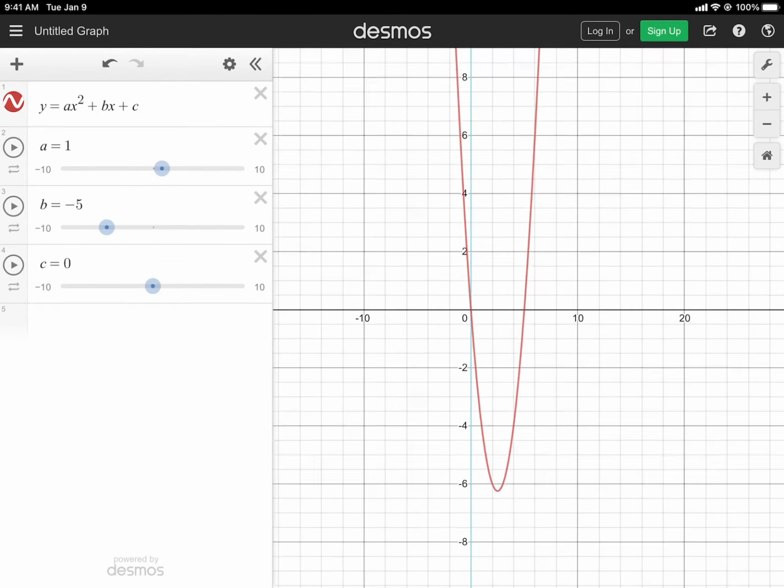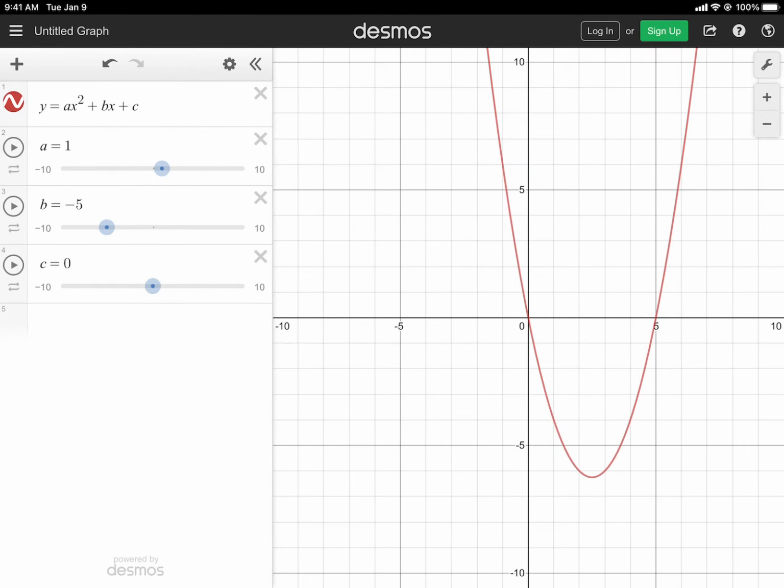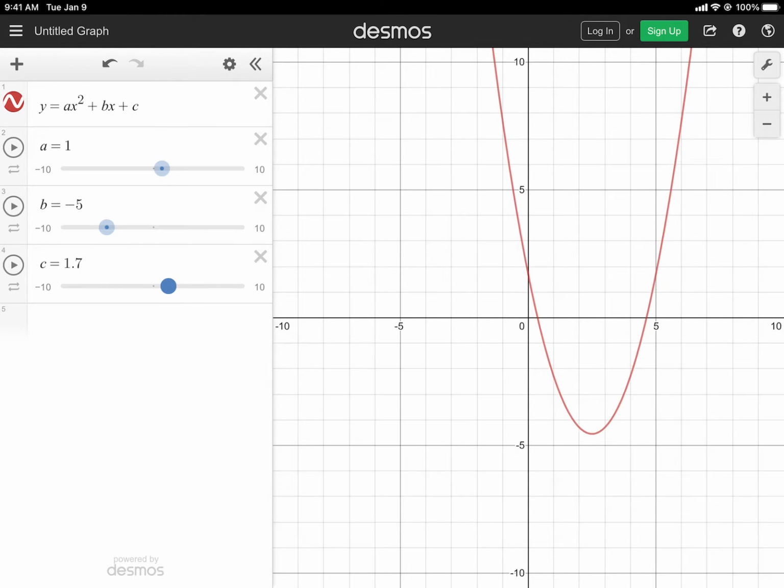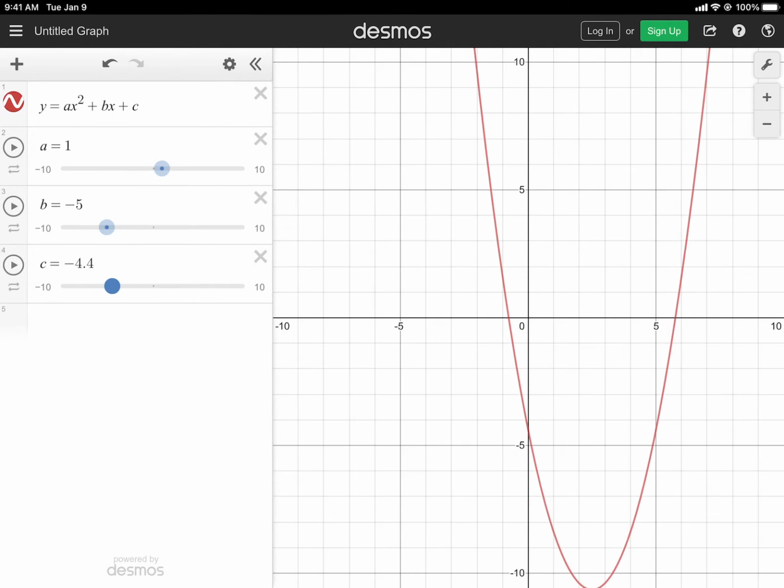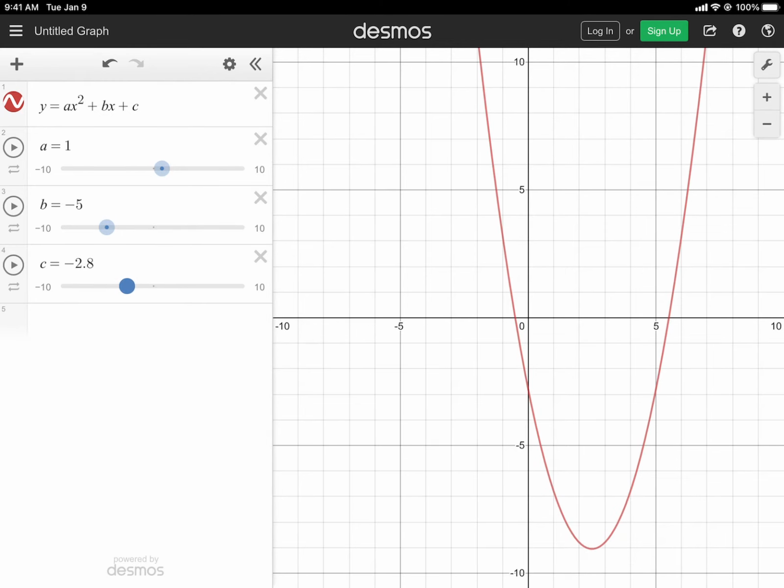C is the one that at least tells us something a little more useful though. So right now C is 0. And then watch what happens to the graph as I change C. It's sliding up and down, but the number in particular is quite important. So I'll leave it here at -3 for a second. Look around the graph.